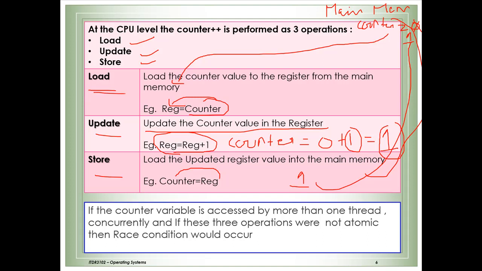When the load, update and store operations take place together for a particular process or thread, without any context switching, without any interruption, then there will not be any race condition. These 3 operations have to be atomic. That means they have to take place together without any context switching.